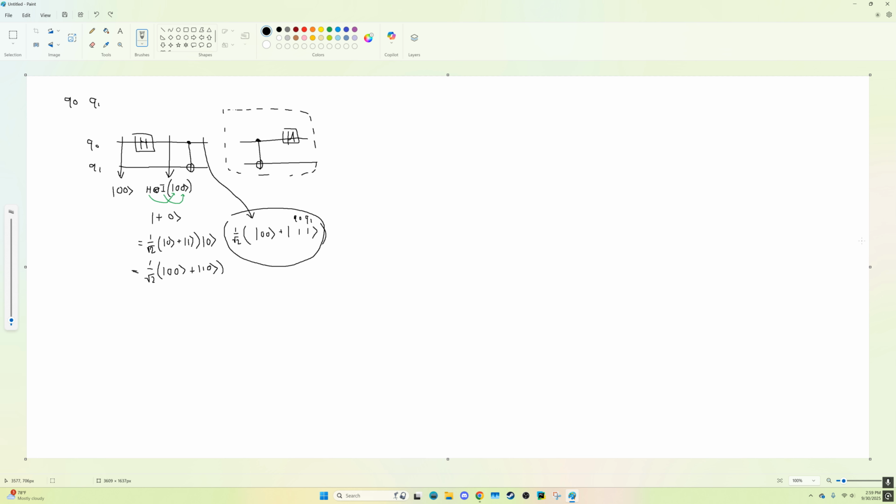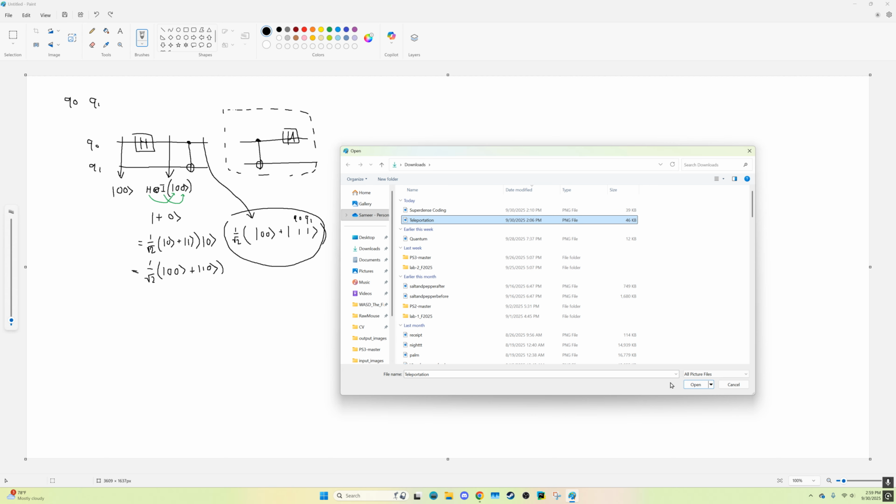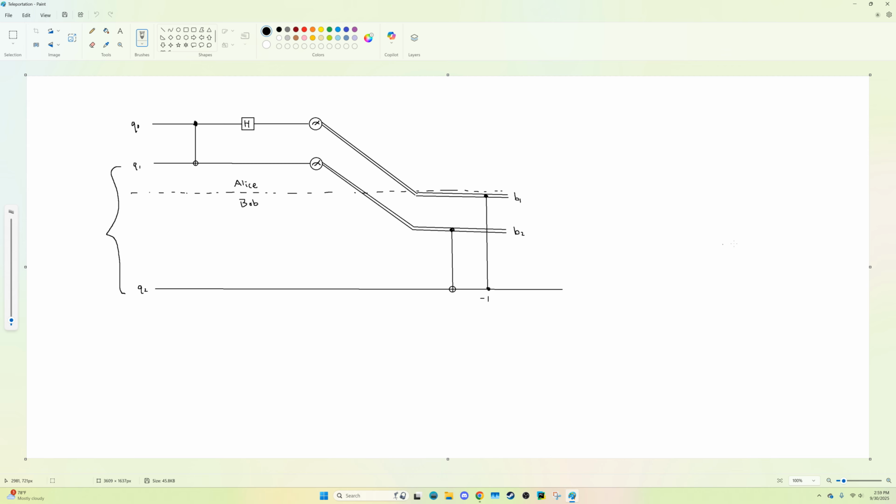Okay, so now let's go over quantum teleportation. So I'm going to actually open up the diagram I already created. So this is the quantum teleportation diagram. But before I explain what everything is, let's just talk about quantum teleportation. So the idea is there is some Alice who wants to send information about an unknown quantum state to Bob.